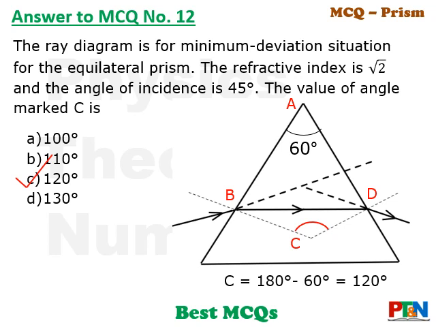So you need to understand the relationship between the angles, between the angle of incidence and the angle of refraction. Here, for this quadrilateral A, B, C, D, angle B and angle D are 90 degrees. So angle A and angle C together will be 180 degree. So C will be 180 degree minus 60 degree, that is 120 degree, that is option C.